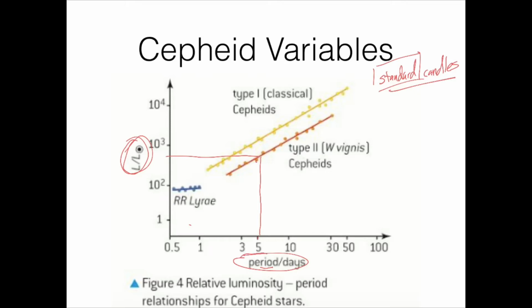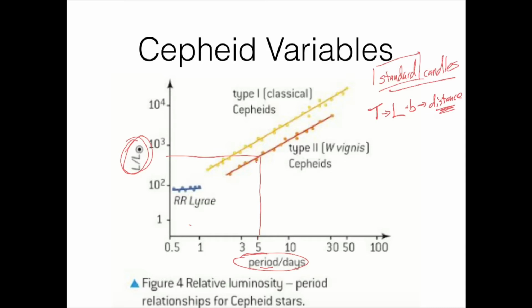I use the period to find the luminosity, use the luminosity and the apparent brightness to find the distance. And that's why it's called a standard candle, because it's used to help us find distances of stars throughout the universe.